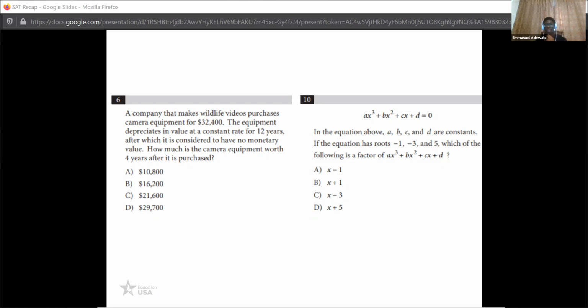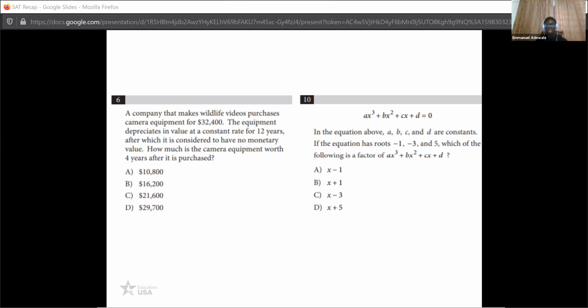The same with 5. Since x plus 5 is the way it is written in the answer choices, that's not a factor either. It should rather be written as x minus 5. With x plus 1, we have -1 as a root, and plugging it in cancels it out. So yes, x plus 1 is a factor of ax cubed plus bx squared plus cx plus d.